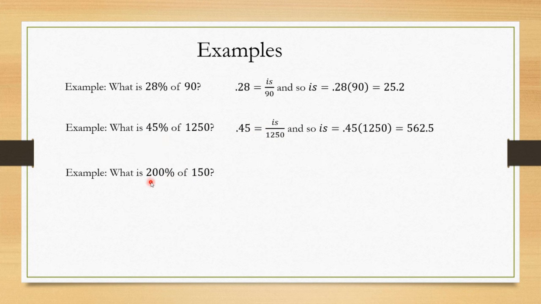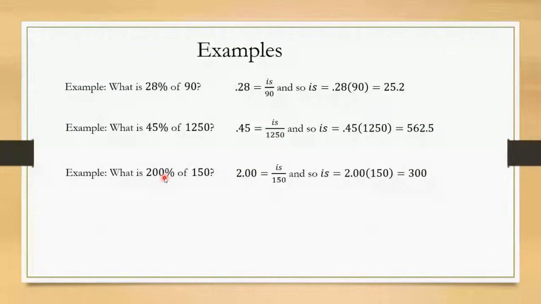What is 200% of 150? If I convert this to a decimal, we get 2. As you can see, we have is over of. The of is given. We have to figure out what is. They say what is, then the percent, of, then the number.